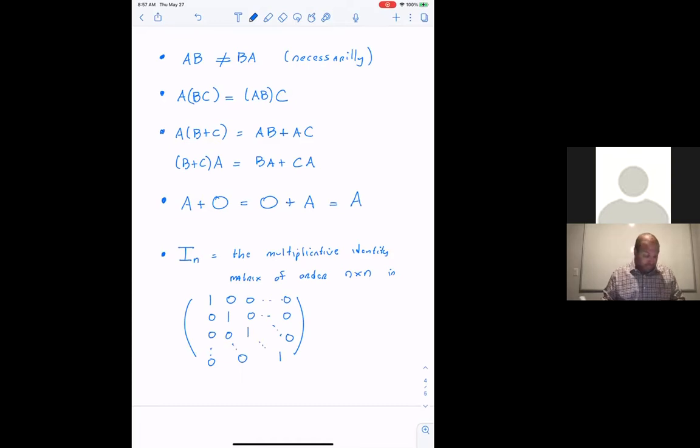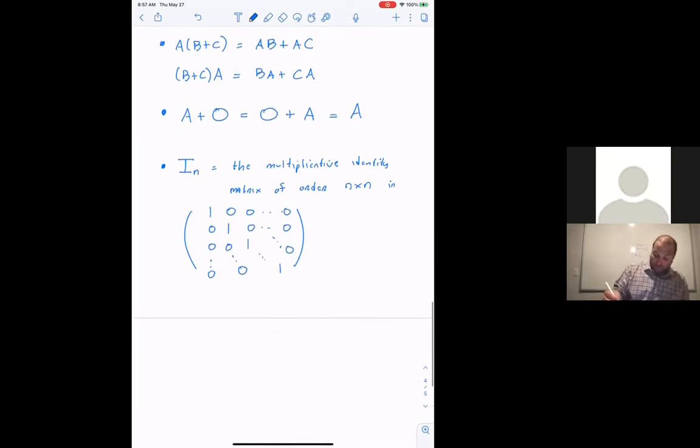This is the multiplicative identity matrix, and it has the property that A times the identity on either side is equal to itself. Now, we normally don't include the subscript on I, because remember, there's infinitely many of them, one for each n. So when we say capital I for the identity, it's assumed to be the one that fits the problem.